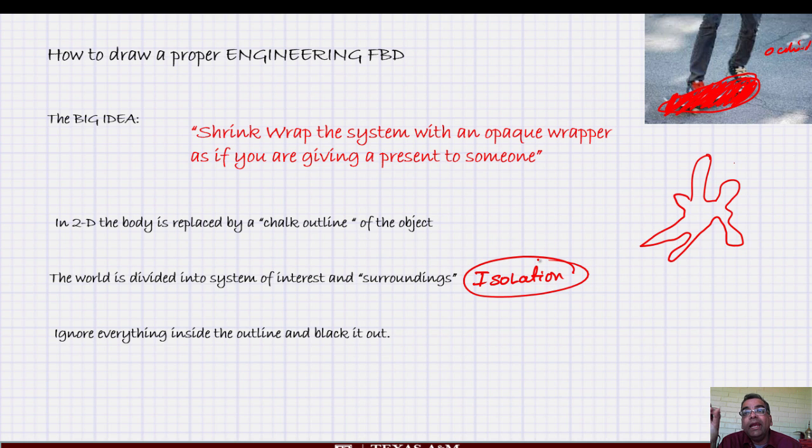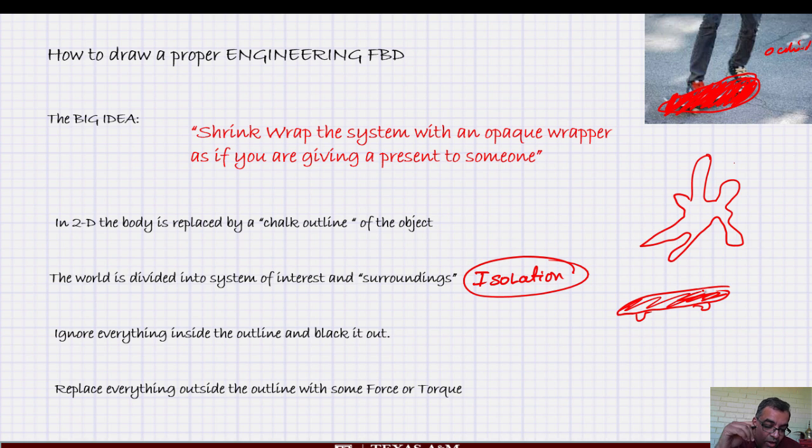Then we come to the idealized part, which is we ignore everything that's inside. I don't really care. The skateboard looks like this, whatever, and there are lots of parts inside. I don't even care about them. So everything that's inside our outline, we don't care about. That's nice, no?